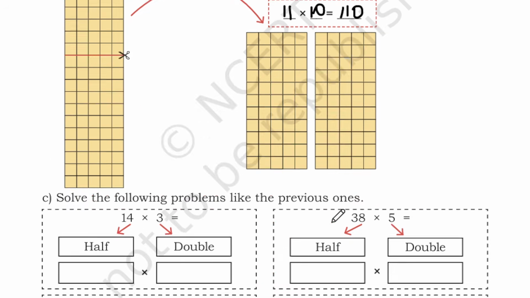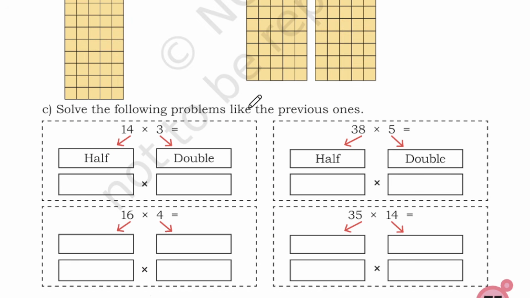Next, solve the following problem like the previous one. So you have 14. Half of 14 is 7. And 3, double of 3 is 6. Likewise here you have half of 38. Half of 38 is 19.